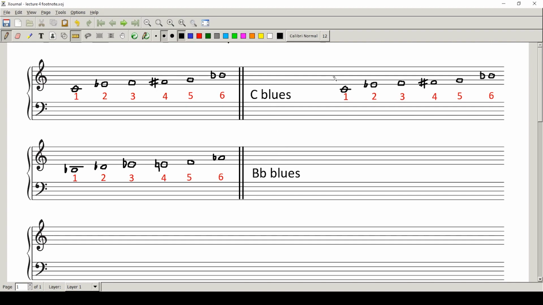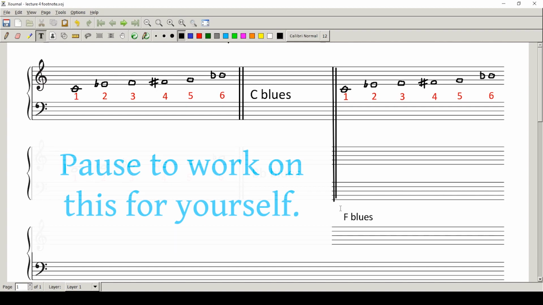If you want to pause briefly, now would be a good time to do that. Let's say we want to go from C blues, and let's figure out how to go from a C blues scale to an F blues scale.